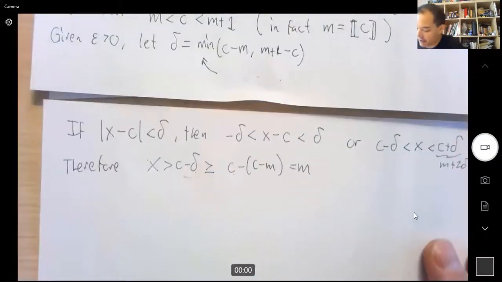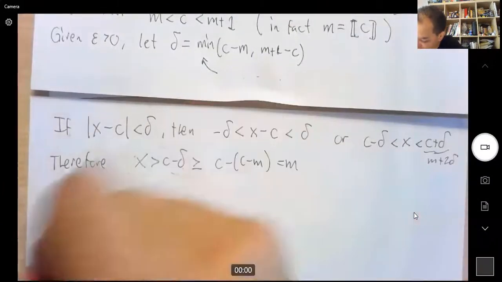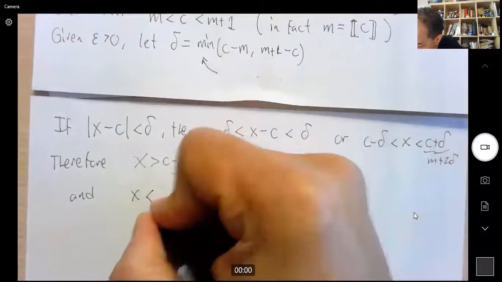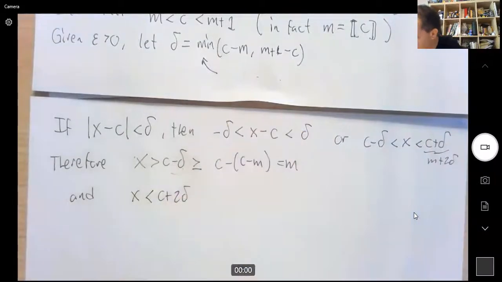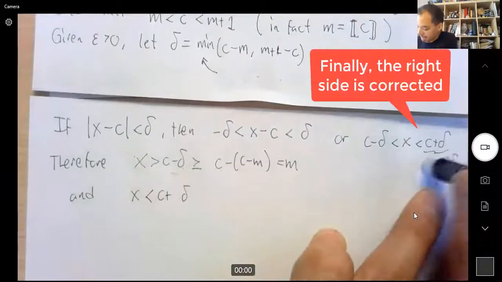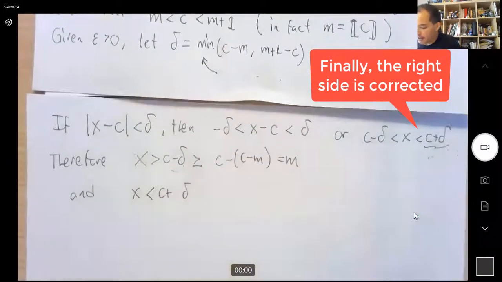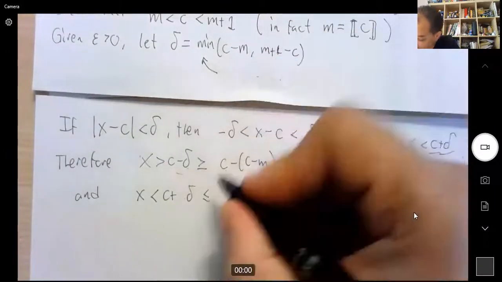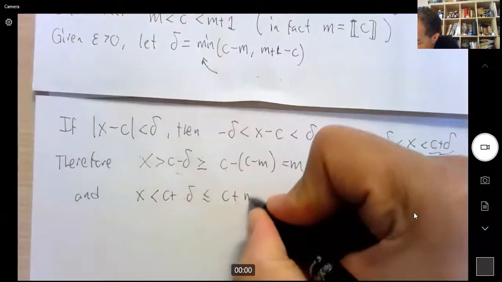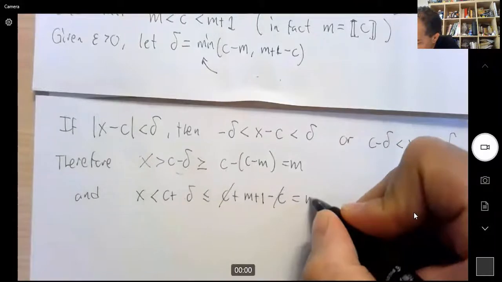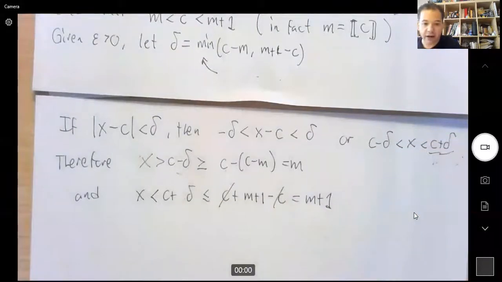The other part that I need is that it is less than m plus 1. Well, I know that x is less than c plus delta, sorry. And I know that delta is smaller than the second one here. So it's smaller than m plus 1 minus c. These c's go away, and this is m plus 1. Great. Now we got it, right?